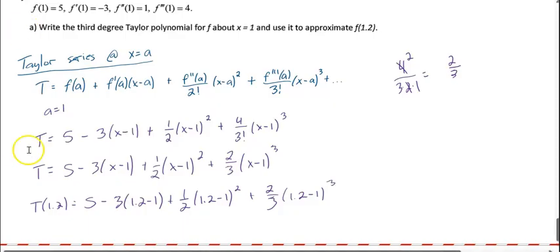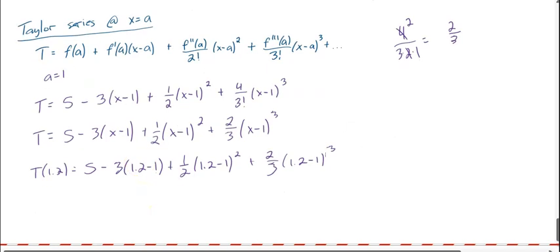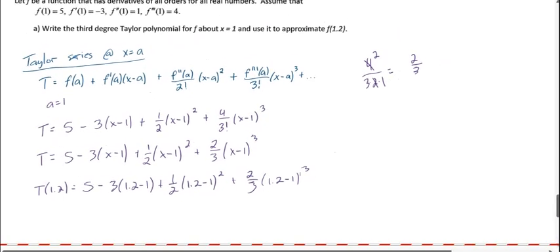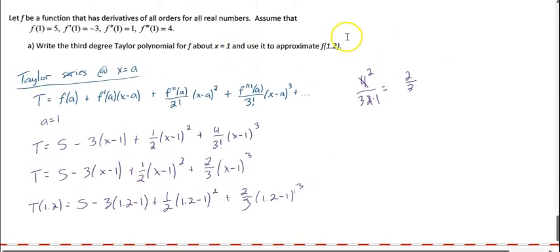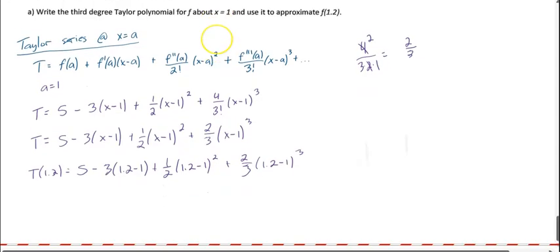The pattern that I see is that all of these parentheses have 1.2 minus 1. This is the way that these problems work a lot of the time. If I build it around 1 and then approximate it, usually I'm doing somewhere that's close to 1. 1.2 is close to 1.